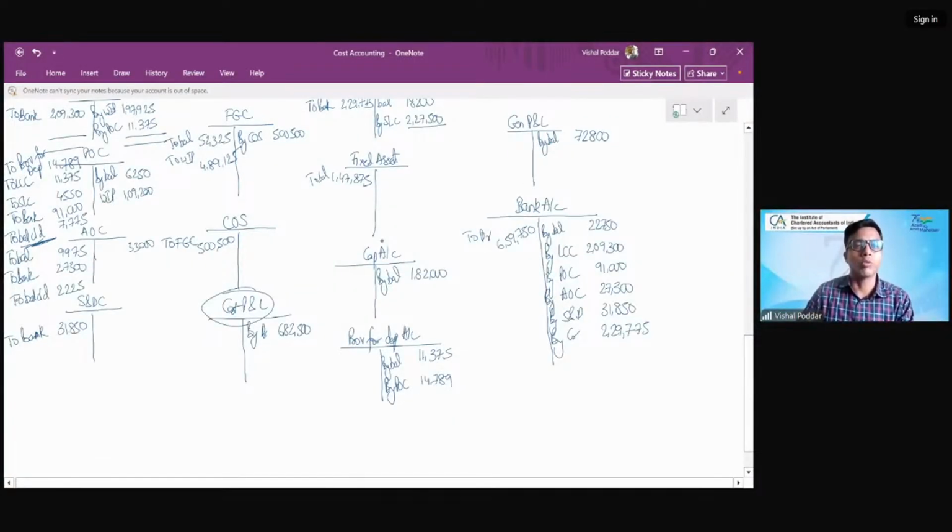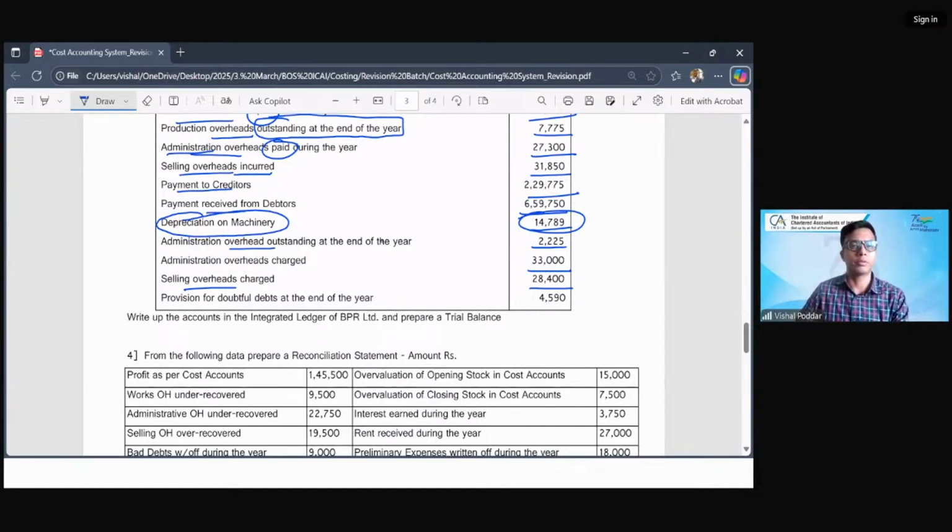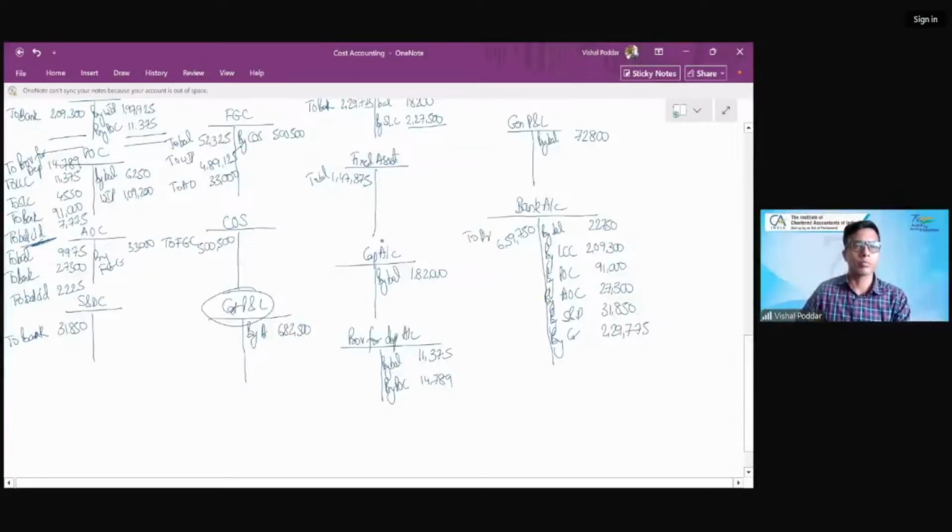It is charged to finished goods. So to administration overheads, 33. Selling overheads charged, 28,400. This is charged to COS.